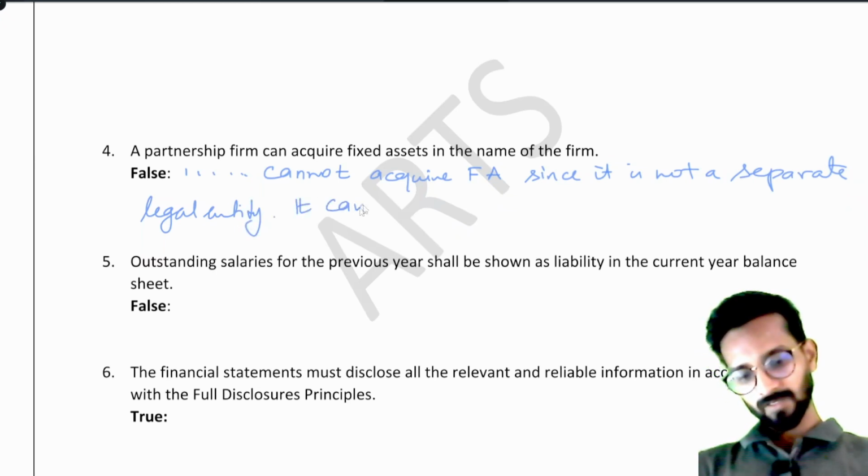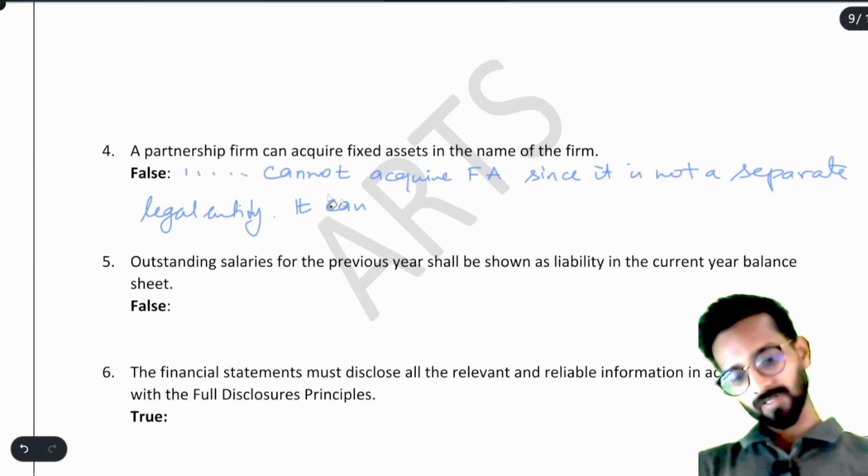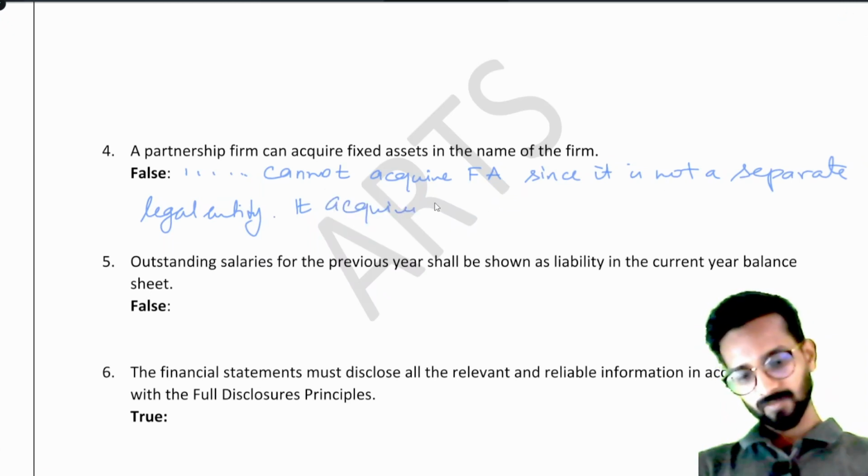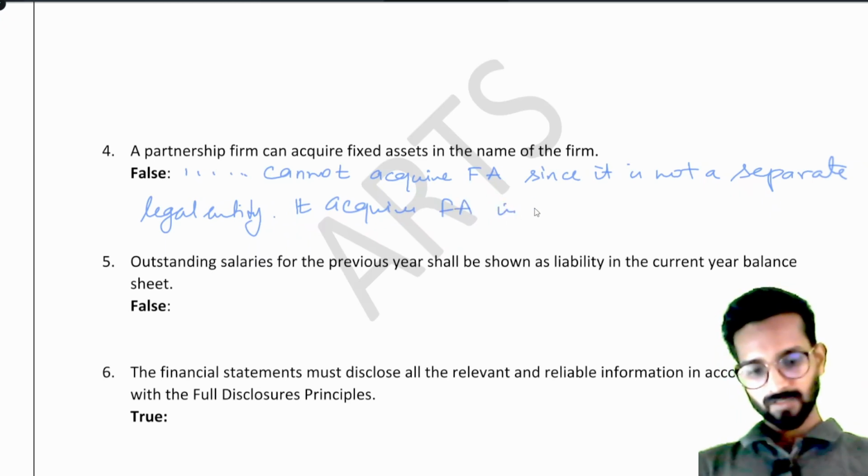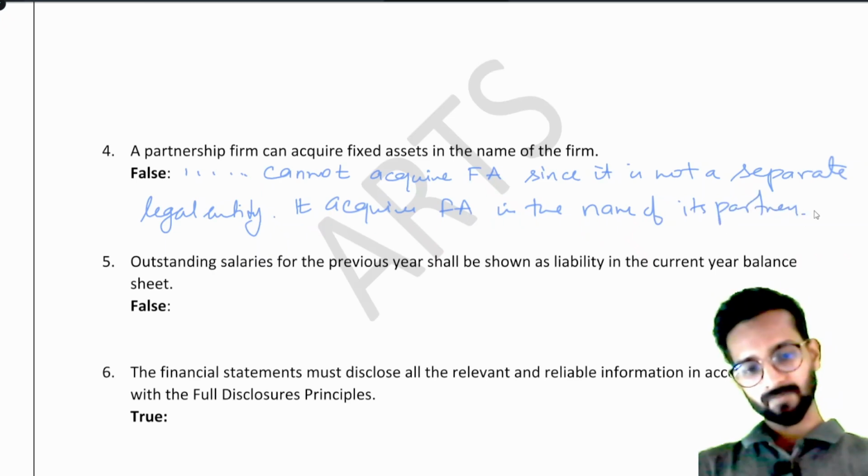It can acquire, what it can acquire, you can write it acquires fixed assets in the name of its partners. It will have to be bought in the partner's name, okay.